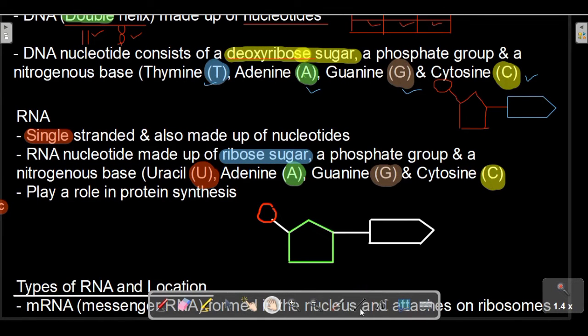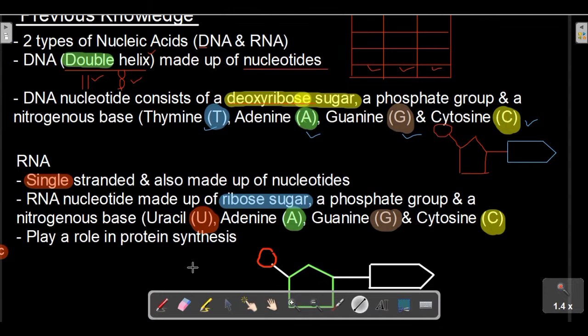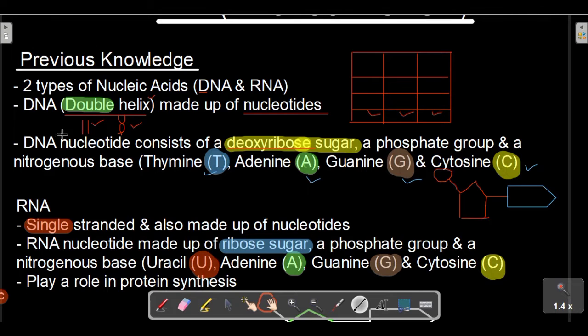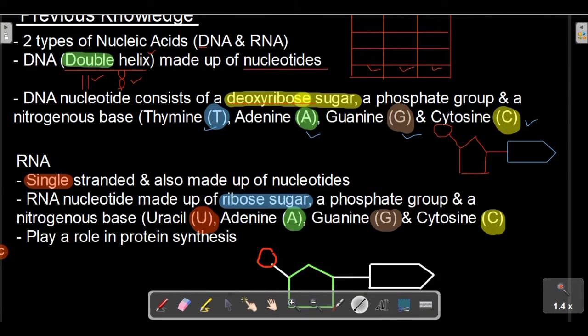And the first thing that we note that is different when you're considering DNA and RNA is that the RNA is single-stranded. Okay, so what do we mean by that? We mean that it actually has only one strand. Unlike DNA, which has 2 strands, the RNA has one strand like that.